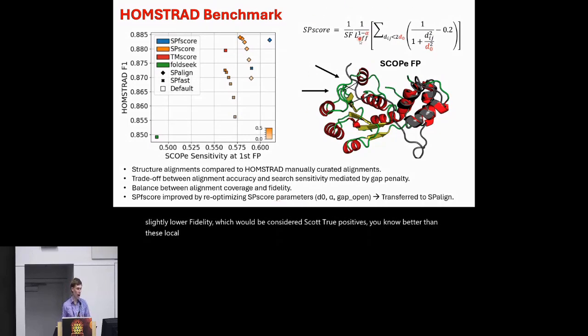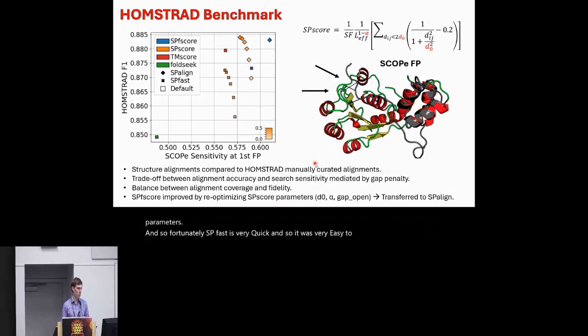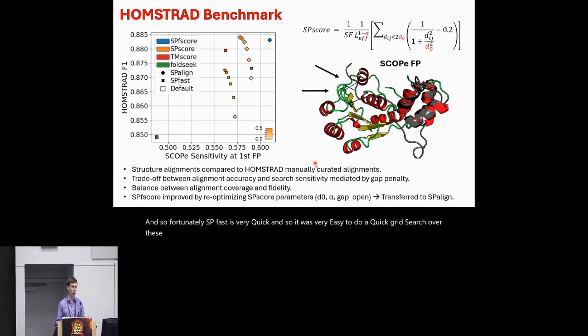And that could be controlled via the alpha and D0 parameters. Fortunately, SPfast is very quick, and so it's very easy to do a quick grid search over these parameters in order to improve performance in both sensitivity as well as alignment accuracy. And when I transferred those parameters back to the original SP-align optimization algorithm, I also improved performance in that setting.